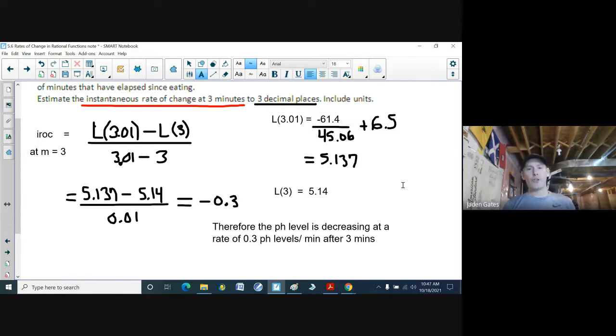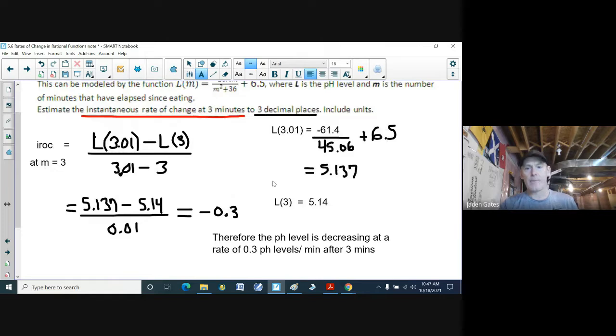Well, the pH level is going down. I haven't taken chemistry in a while, so I'm not sure if that means more acidic or less acidic. Not sure how that goes.